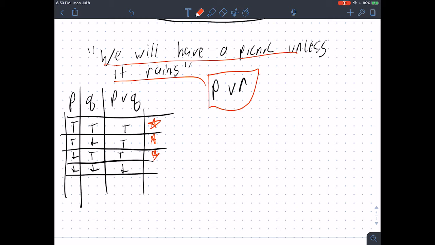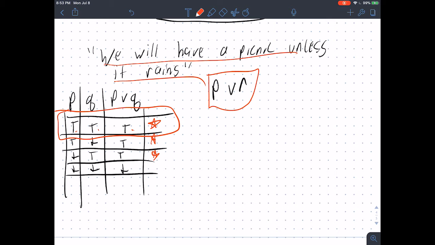But that would make this whole sentence true if we have a picnic in the rain, right? Because look at this line of the truth table right here. So suppose that it's true that we have a picnic and it's true that it rains. That would mean that we said something true if we say that we'll have a picnic unless it rains.